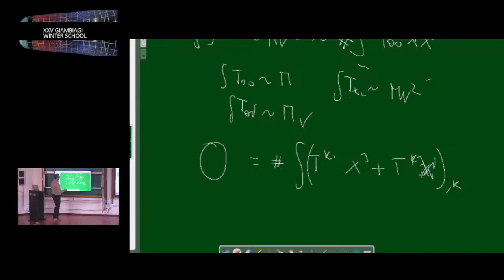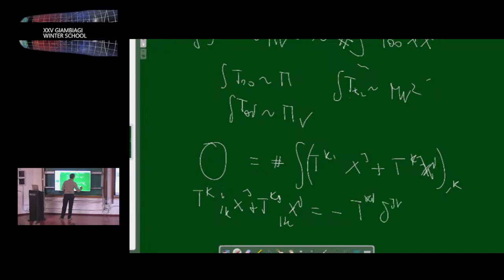So let's do the integration by hitting with the gradient once here and once there. If we hit once here, we get Tki xj, comma k, plus Tkj xi, comma k, and this must be equal to minus Tki delta jk minus Tkj delta ik.